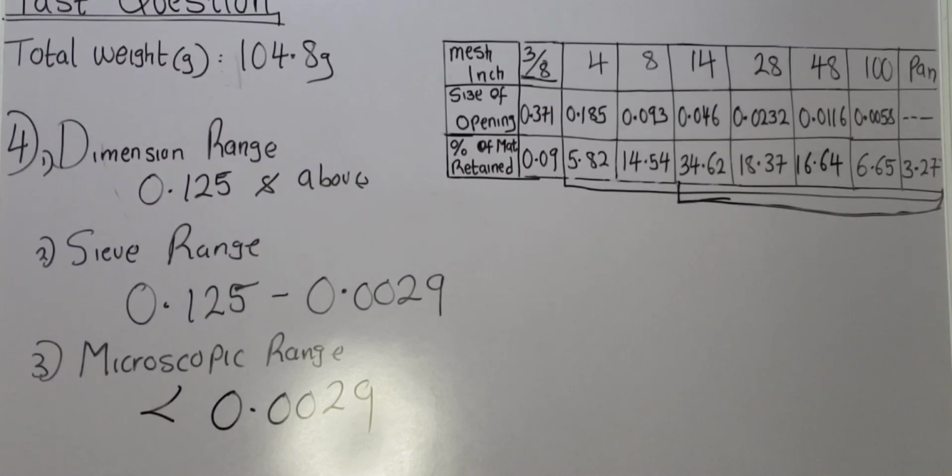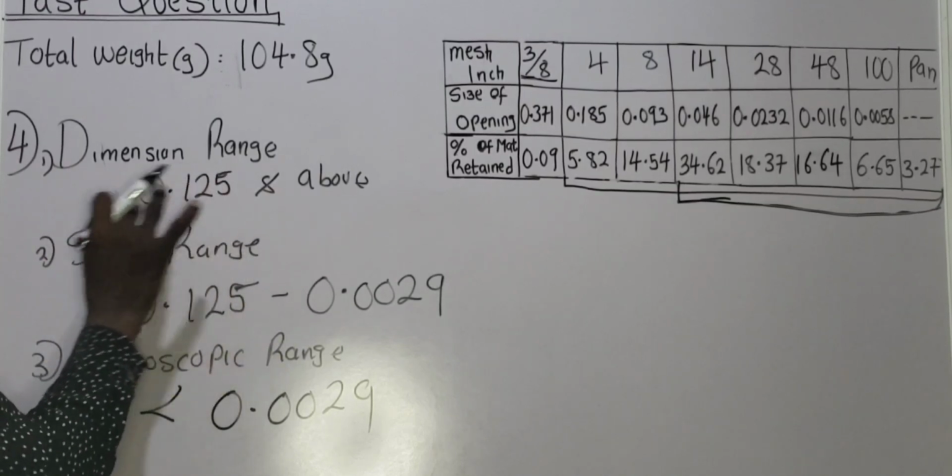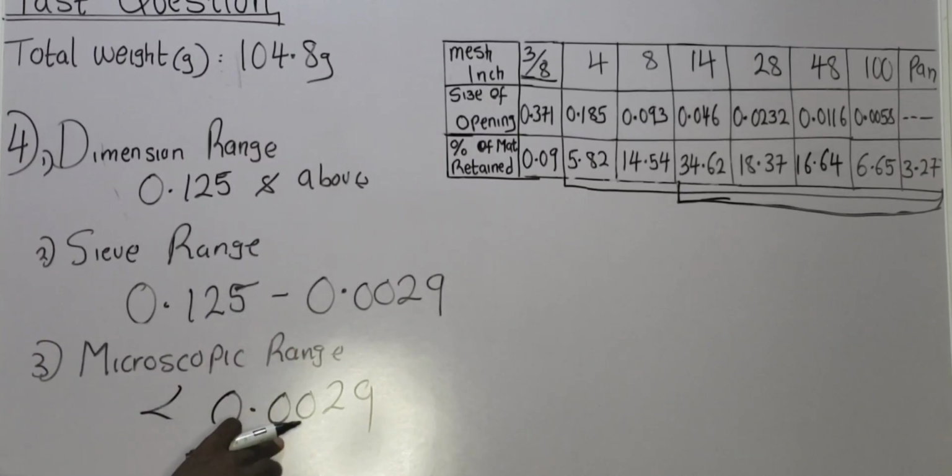So since the size of opening of materials on mesh 3/8 is 0.371, from the classification, the range of materials that we have, where does 0.371 fall? Does it fall in this range, or this range, or this range?